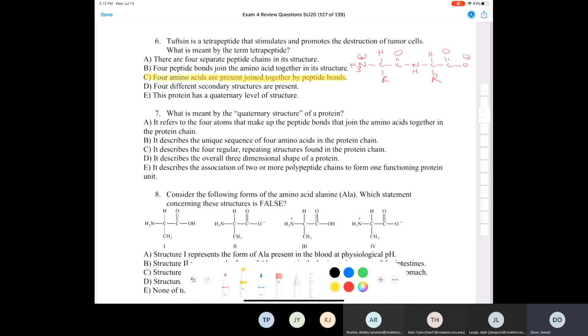Keep in mind that a dipeptide, like I have drawn here, has 2 amino acids linked together, so there's only one peptide bond. This is the peptide bond, the bond between the 2 amino acids. If you're thinking that looks like an amide bond to me, it is an amide bond. But when we join 2 amino acids together by an amide bond, we call it a peptide bond.